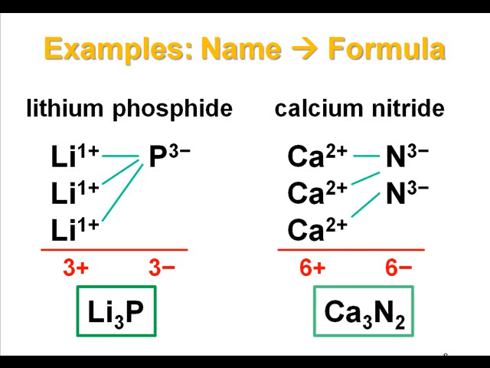Now, a very important idea here is look at phosphide and nitride. Notice the IDE ending. The IDE ending means it is a single atom, it is an anion, and it is a flag to let you know you're looking at a phosphorus or a nitrogen atom.